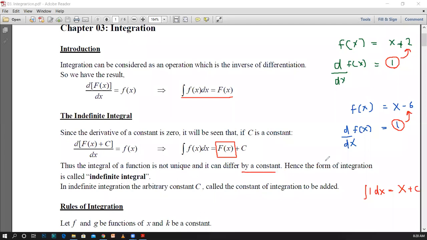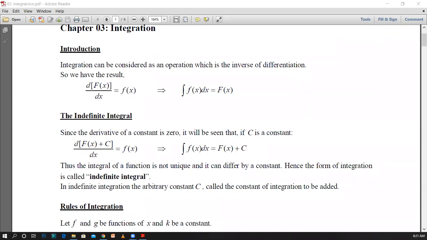This form of integration is said to be the indefinite integral, and we call this c an arbitrary constant. It means that c can have any value. The value c is an arbitrary constant which we add to the integration.